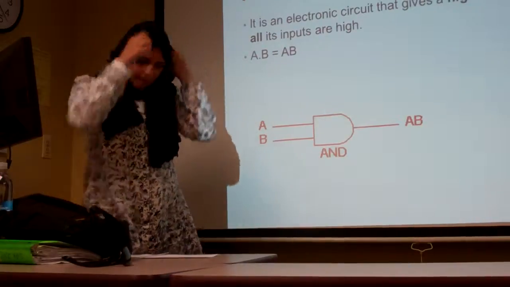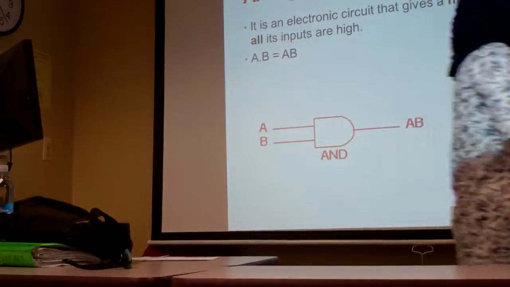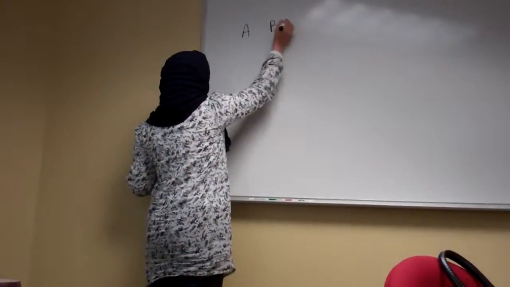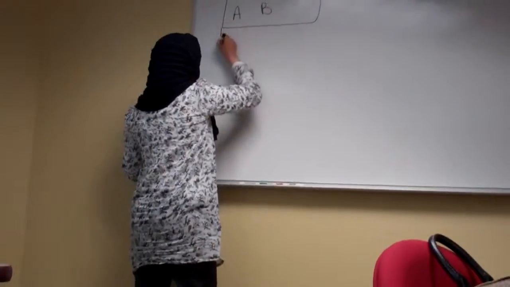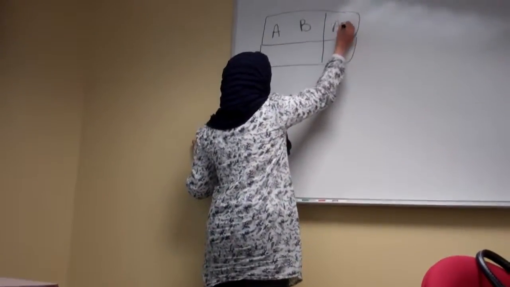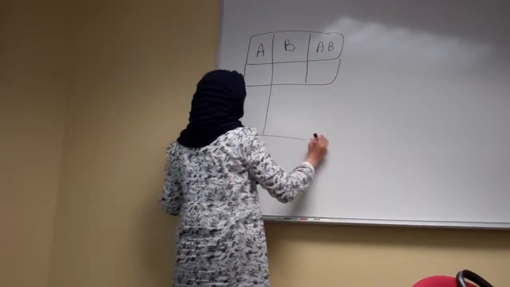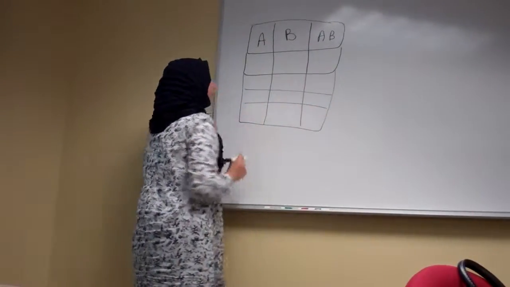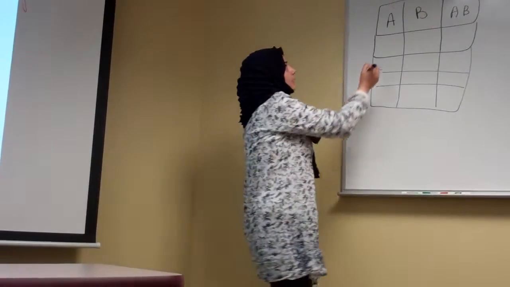So we want to see the truth table of this circuit. I can put here A and B, and here is the result, A and B. We will have 4 possible choices.